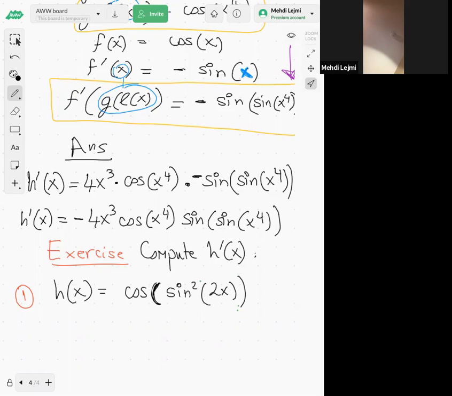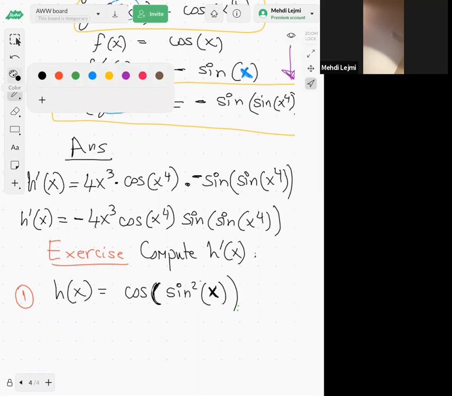No, let's just say x here, the other would probably be too much. So let's say it's cosine of sine square of x. Okay, so cosine of sine square of x. Right, just one problem.